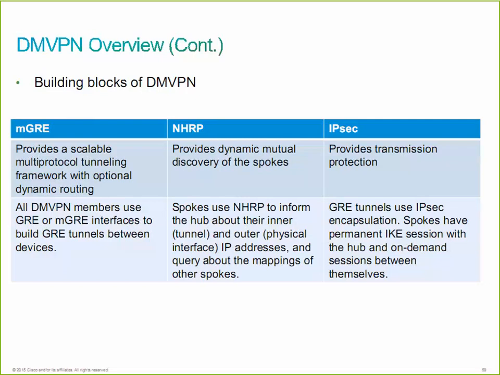mGRE. All right? We'll talk about that one first. Multipoint GRE. What does that technology enable us to do? It enables us to create a single GRE interface to support multiple GRE tunnels. But it does that in a way that simplifies the complexity of the actual configuration.